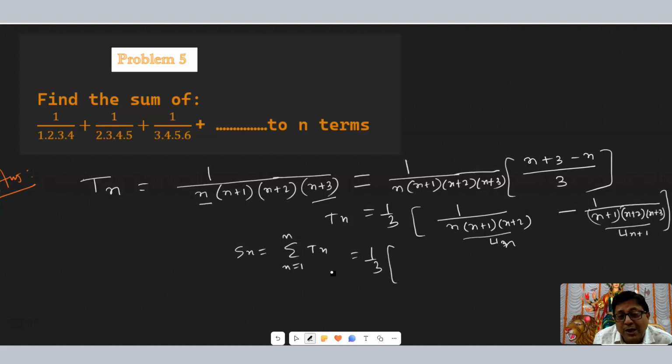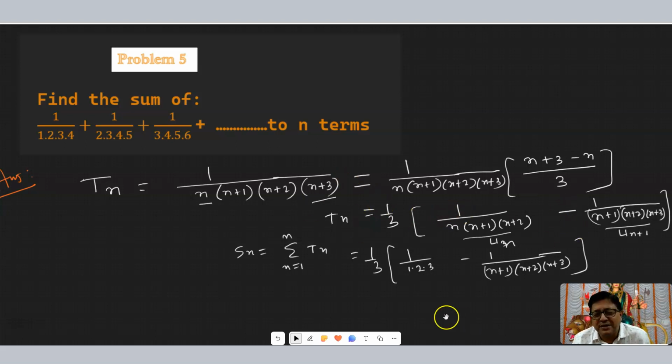It will be u1, put n equal to 1 over there, 1, 2, 3, minus u(n+1), (n+1)(n+2)(n+3). This is done. Sum is done. Such a big sum. No partial fractions, no other method. Just modify the nth term and get the sum.